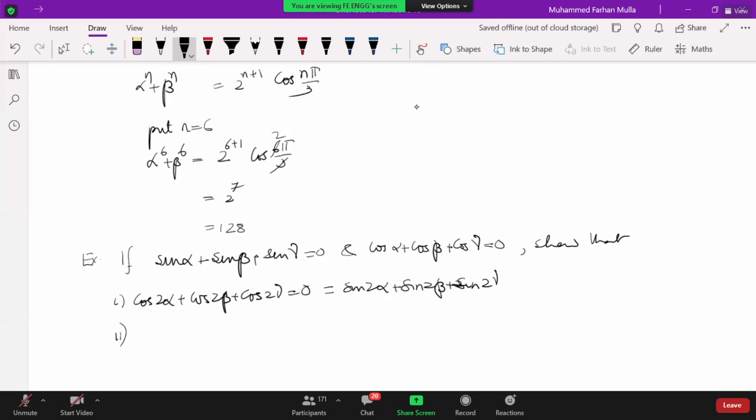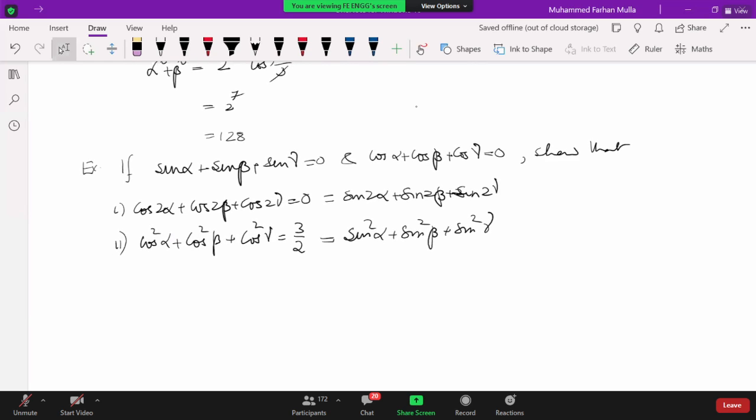So the second part is cos square alpha plus cos square beta plus cos square gamma equal to 3/2. Also sin square alpha plus sin square beta plus sin square gamma is 3/2.